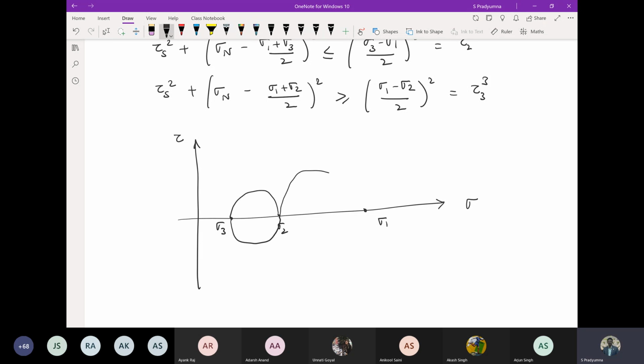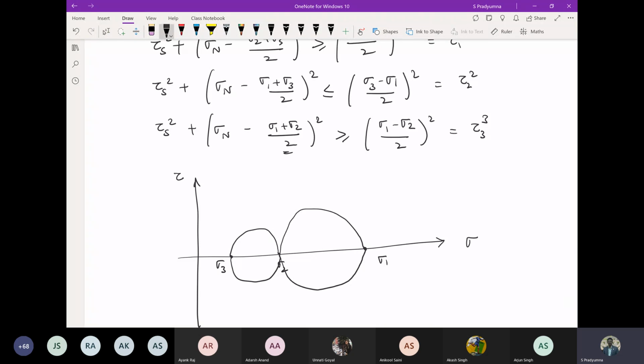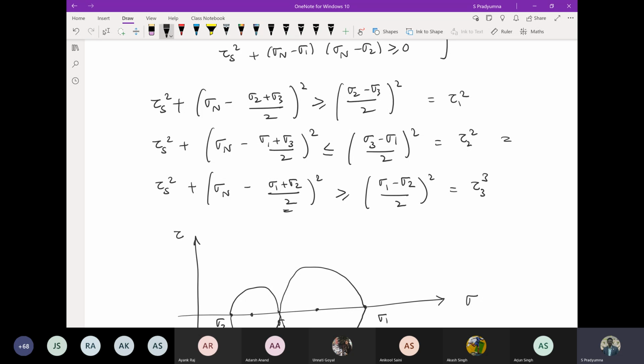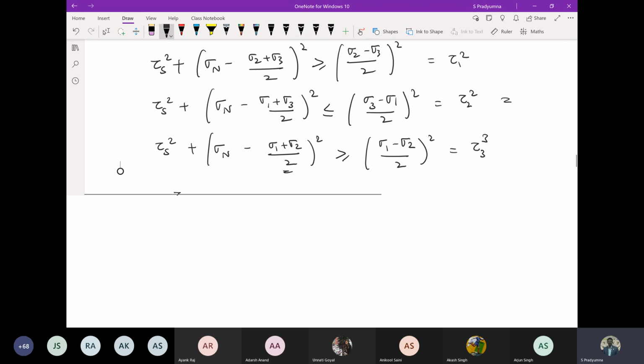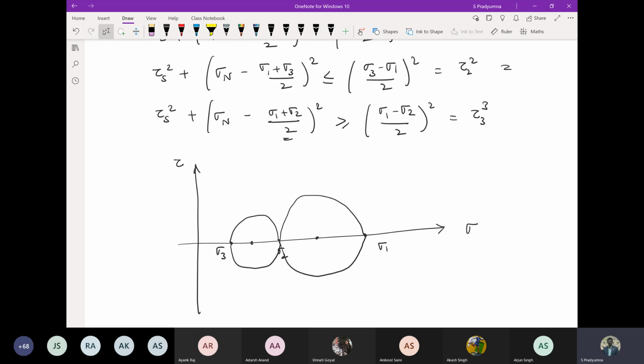And I connect this sigma 1 and sigma 2 also. The center is sigma 1 plus sigma 2 by 2. This is the center, and the radius is sigma 1 minus sigma 2 by 2. Okay, and the third circle, this one is with the center sigma 1 plus sigma 3 by 2 and the radius sigma 1 minus sigma 3 by 2. So this is the third circle I have.